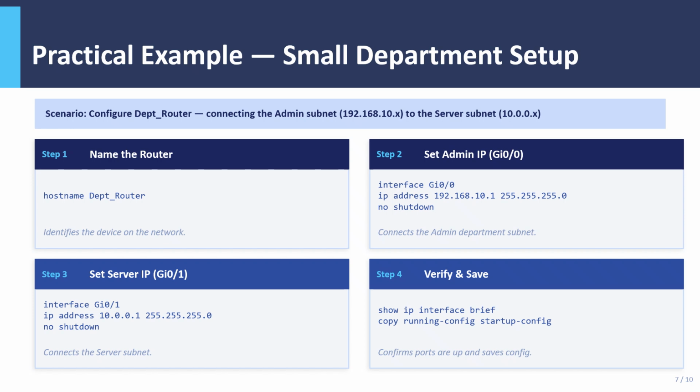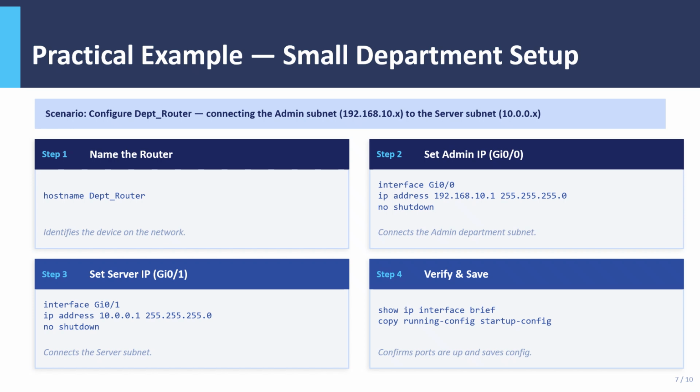In step 2, we configure GigabitEthernet 0/0 with the IP address 192.168.10.1, which will serve as the gateway for the admin subnet, and we activate it with no shutdown. Step 3, we configure GigabitEthernet 0/1 with the IP address 10.0.0.1 for the server subnet.